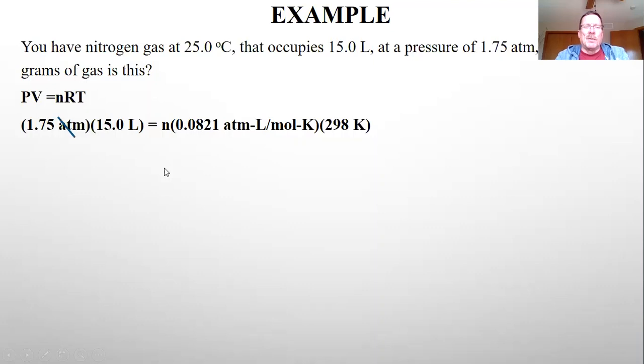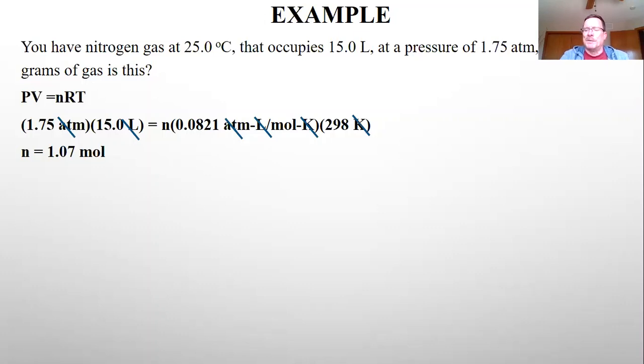In doing so, the atmospheres cancel, because this big, ugly mess behind the 0.0821 is the actual units that number would have. Atmospheres cancel, liters cancel, kelvins cancel. I'm left in moles. When I get all the mathematics done and solve for n, you should get almost 1.1 moles.